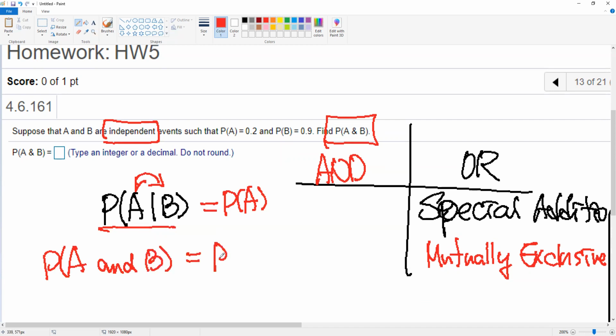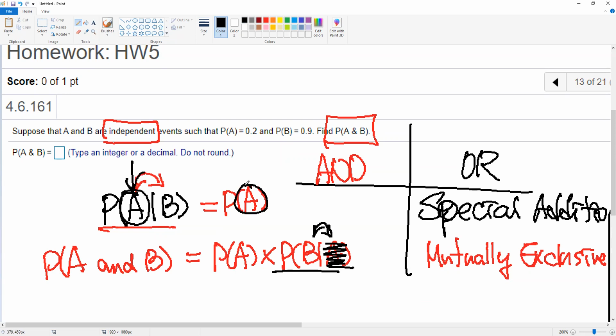The general case was the probability of A times the probability of B given A, but now they are independent. We just ignore the condition, because the conditional probability will be exactly the same as the first one, just B. So now in number 13, we have the probability of A and separately just B. Just simply take the multiplication.